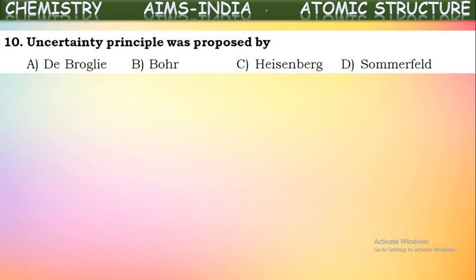It states that we cannot calculate the position and momentum of a particle which is revolving with high velocity, like an electron, exactly and simultaneously. If we calculate both at once, we may get some errors in those values. These errors are called uncertainties. So this principle is called Heisenberg's uncertainty principle.